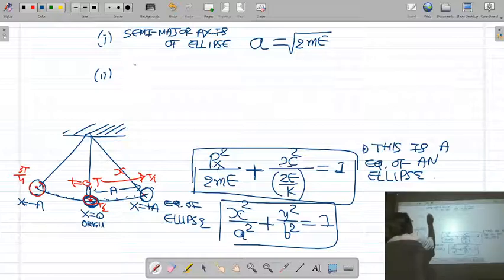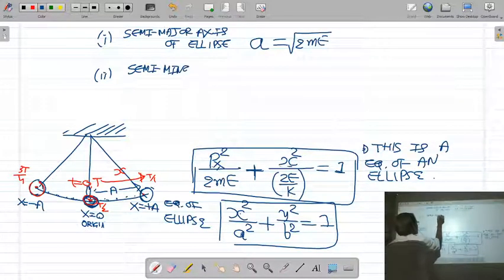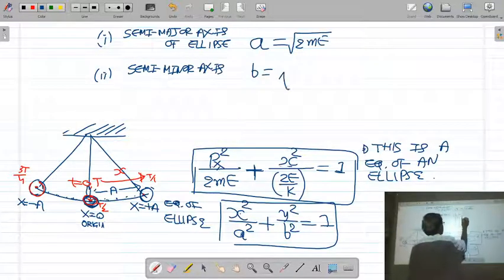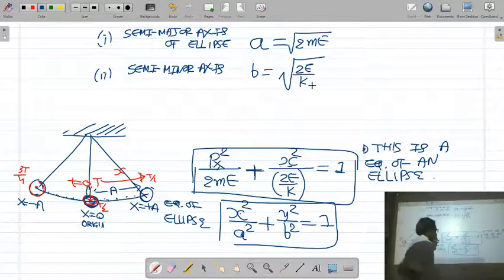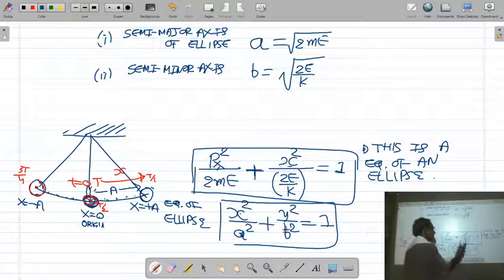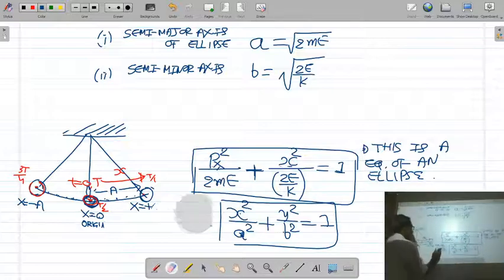So the semi-minor axis of the ellipse is B equal to under root 2E by k. So by comparing both equations, A is under root 2mE and B is under root 2E by k.